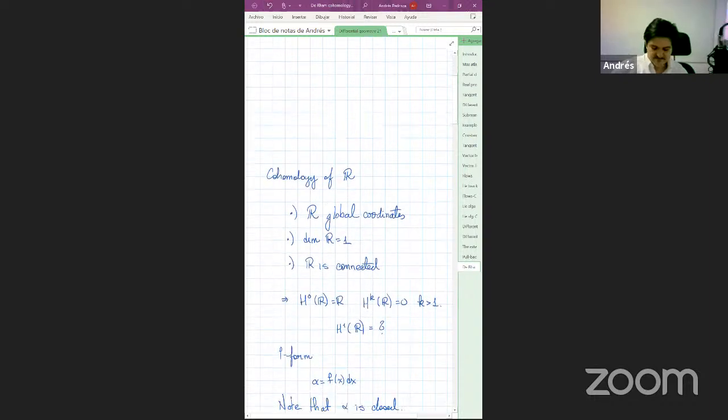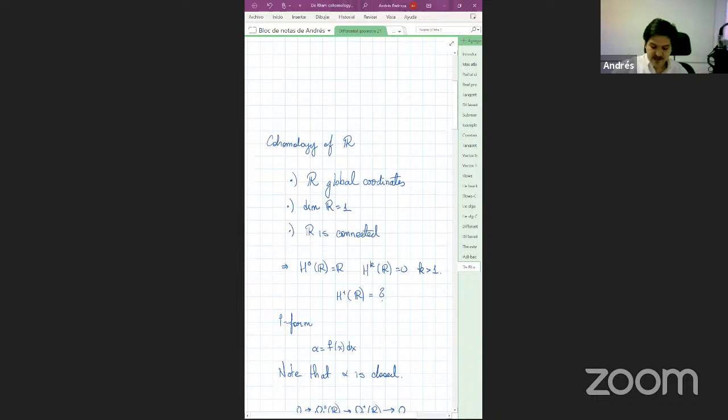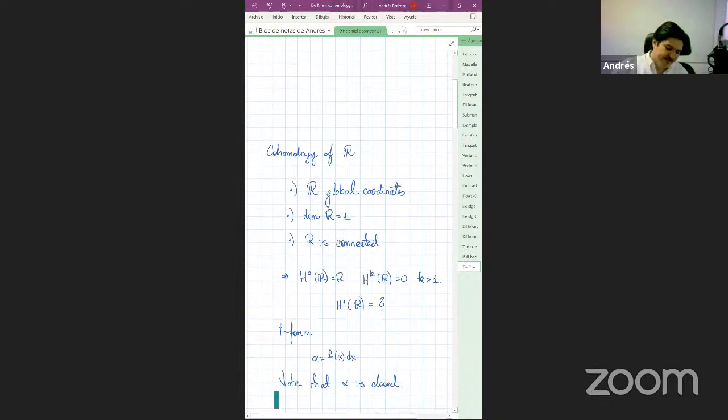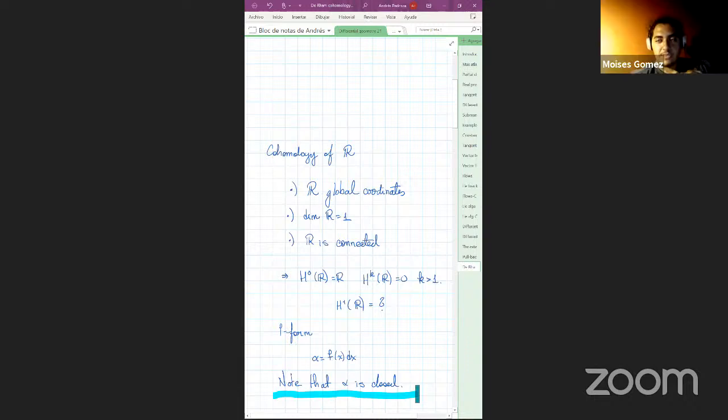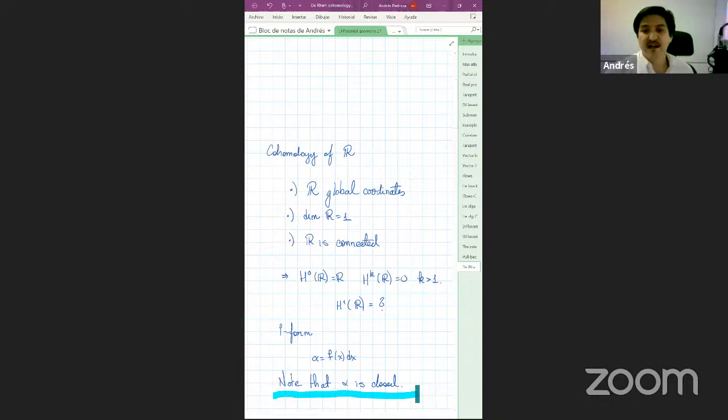Now, why is alpha a closed form? Because if we apply d one more time, it vanishes.